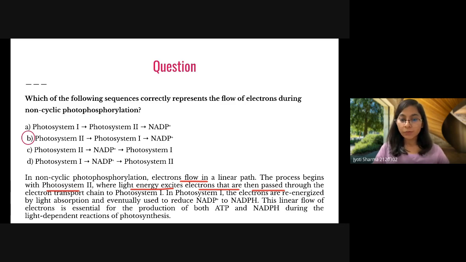In photosystem 1, the electrons are re-energized by light absorption and eventually used to reduce an ADP to an ADPH. And this linear flow of electron is essential for the production of both ATP and an ADPH during the light dependent reaction of photosynthesis. We have learned much about this fact.